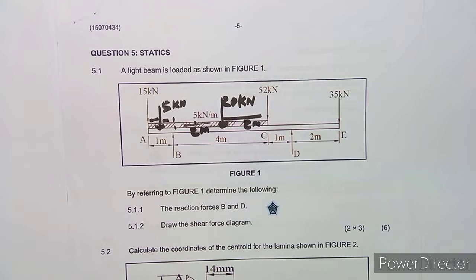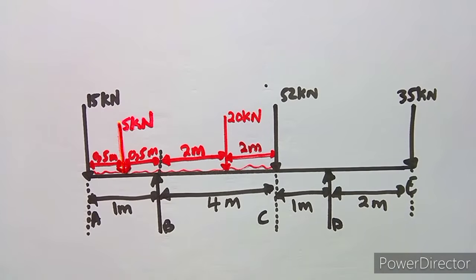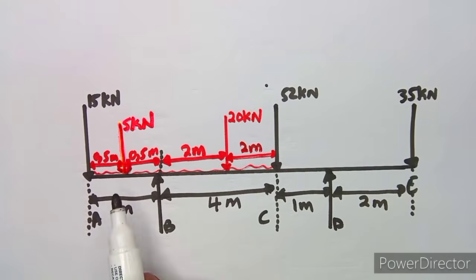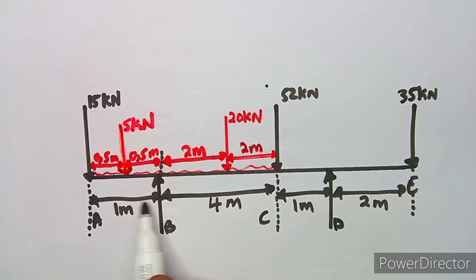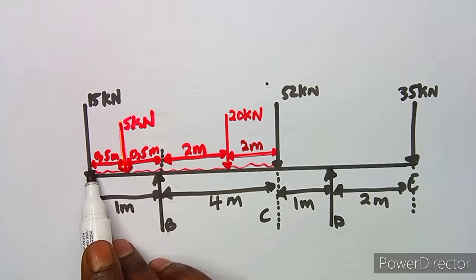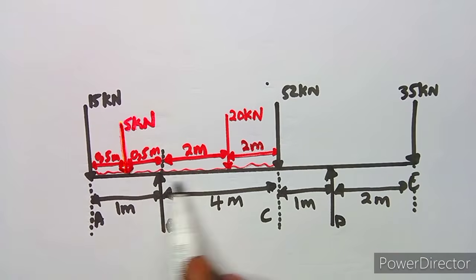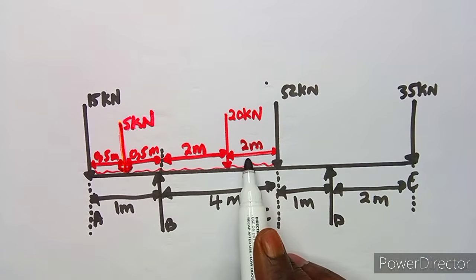So what I'm simply representing here is like this, guys. This is how you are going to represent it. Take note, we had 5 kilonewton per meter, then 5 times 1, which is 5 kilonewton, between 0.5 and 0.5 to give us 1. Then between 4 meters, that's 5 times 4, which is 20, between 2 meters now.